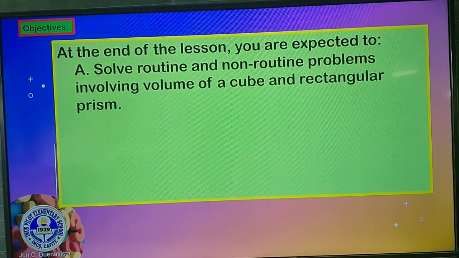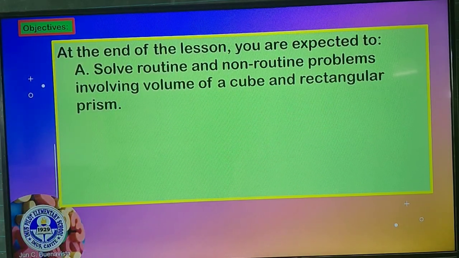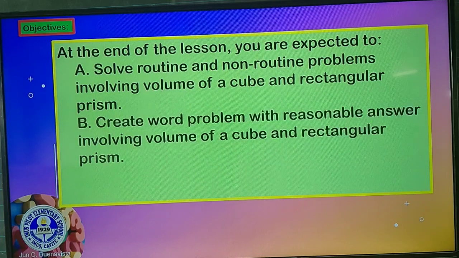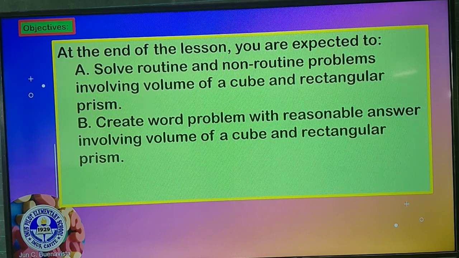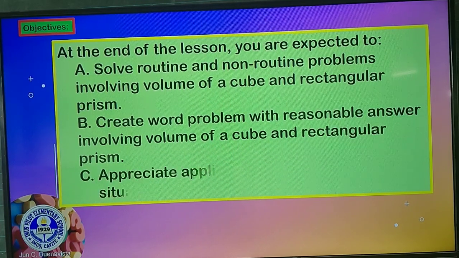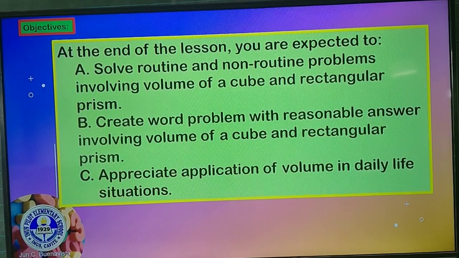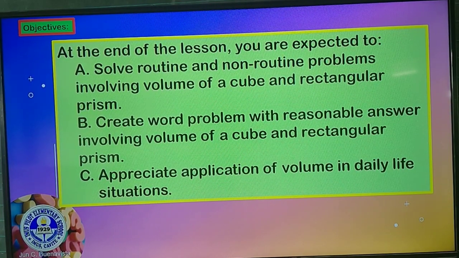At the end of the lesson, you are expected to solve routine and non-routine problems involving volume of a cube and rectangular prism, create word problems with reasonable answers, and appreciate the application of volume in daily life situations.